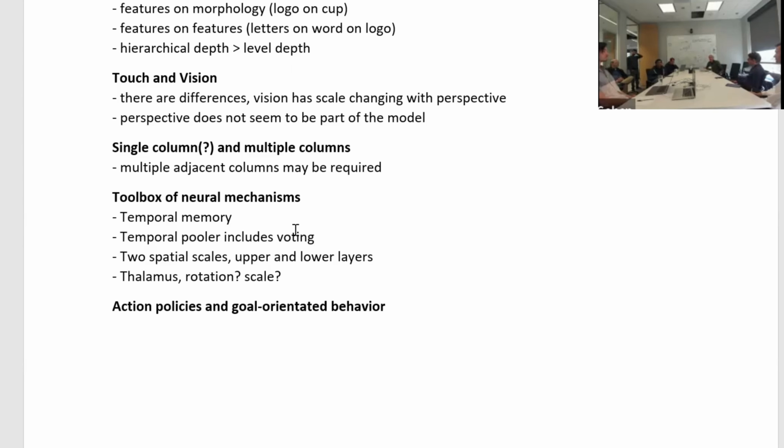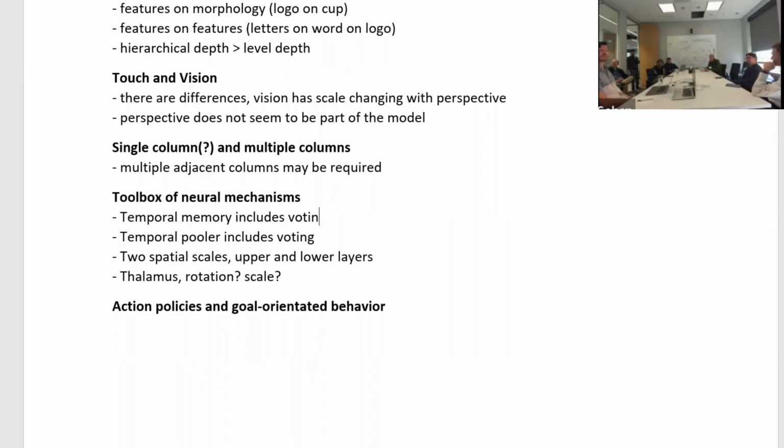So I just included that there. Okay. And the spatial pooler then? Well, the spatial pooler is included with temporal memory. I just viewed it as two cellular layers. Right, so there's a cellular layer we call temporal memory, which includes the spatial pooler, and there's a temporal pooler, which includes voting. So what about attention? Are we doing attention?